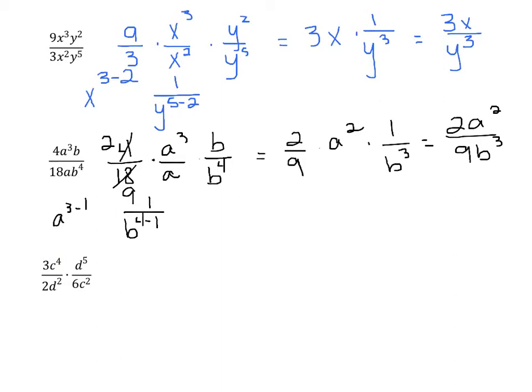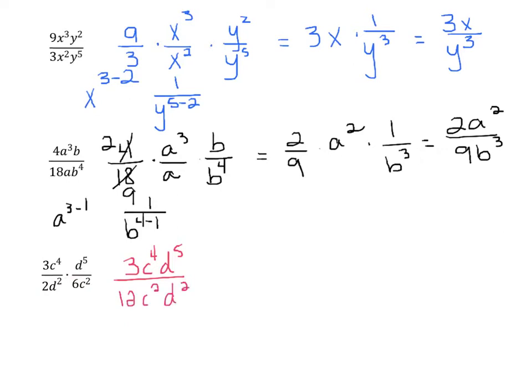And the third one, what I would do is multiply first and then divide. So this becomes 3c to the fourth, d to the fifth, and the thing you have to multiply would be the 2 and the 6. That becomes 12 c squared, d squared.